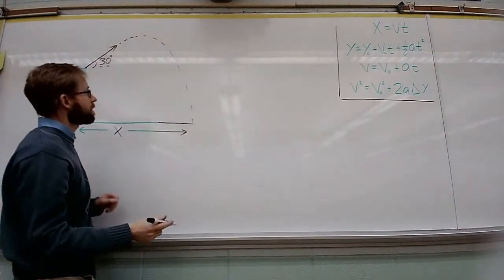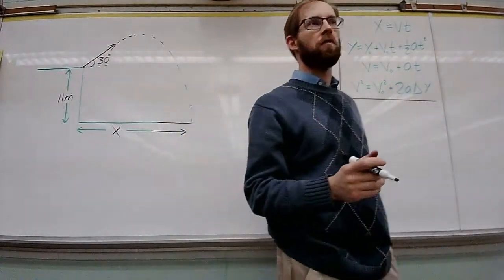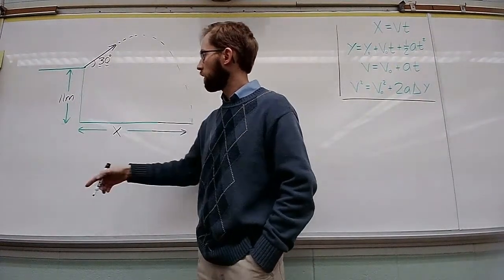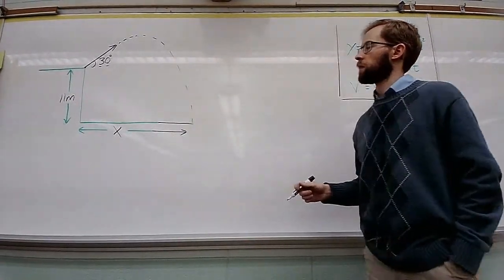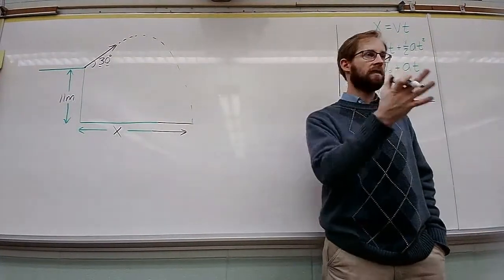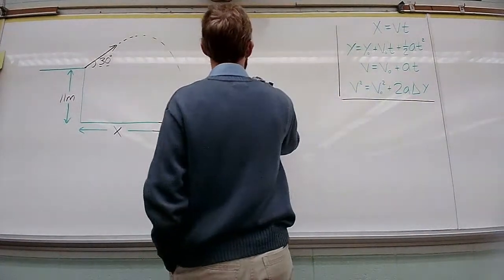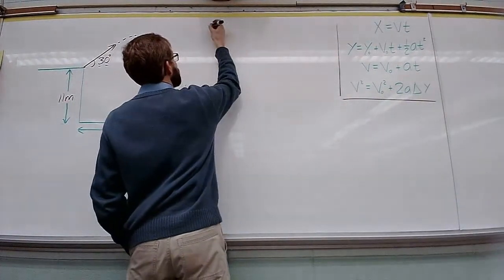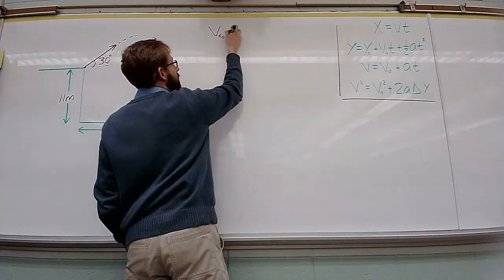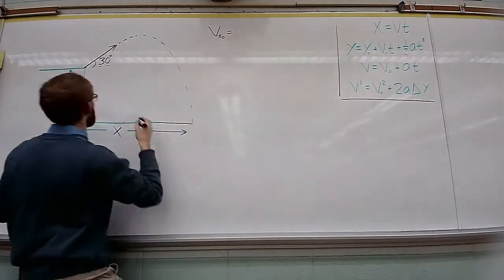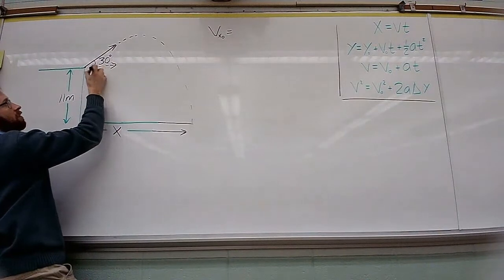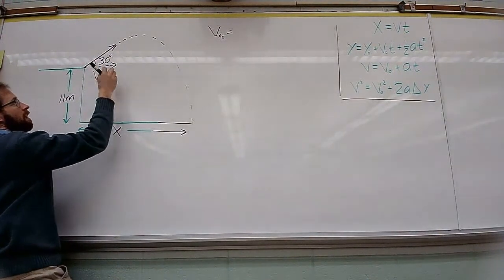Okay. So step one, when you're figuring out how far away this object is going to land from where it began over here on the left, is figuring out what the different components are of the velocity in the x and y direction. So that velocity in the x direction would be like finding the horizontal component of the velocity here.